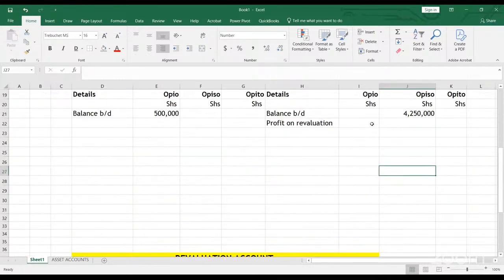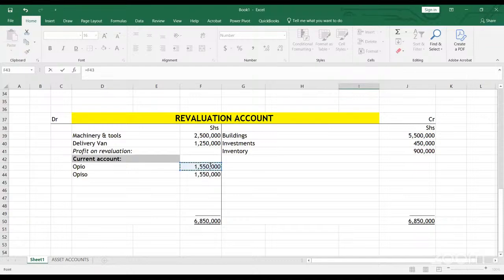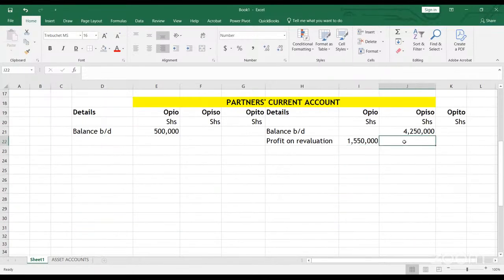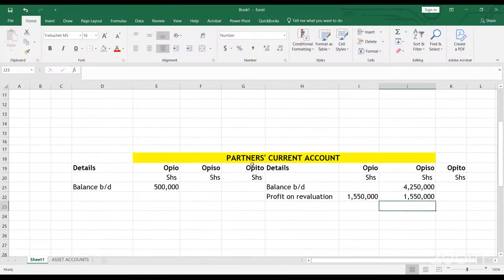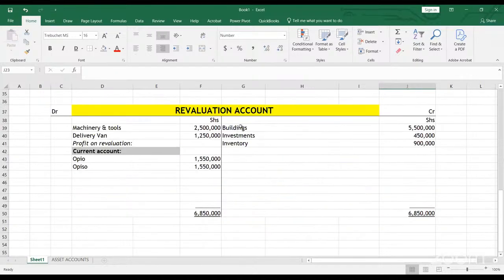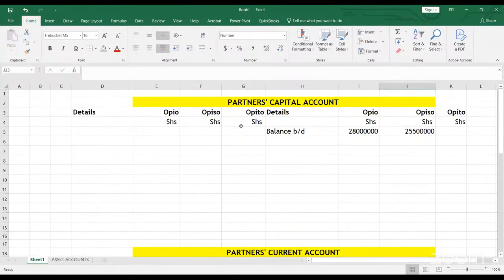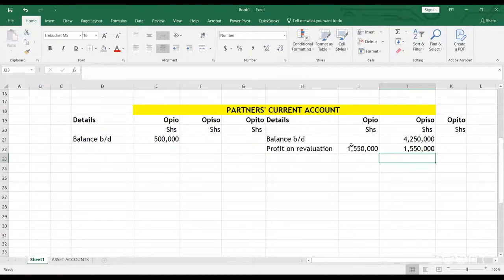But because we have the current account, we take these profits to the current account. That's your revaluation account. I've completed my double entry by taking the profit on revaluation to the credit of the partners' current account.